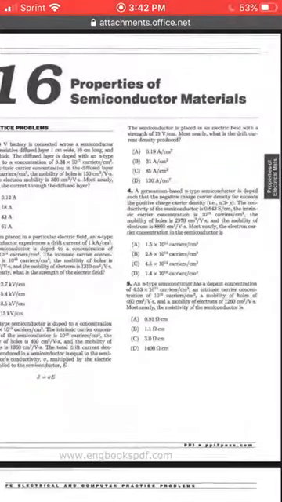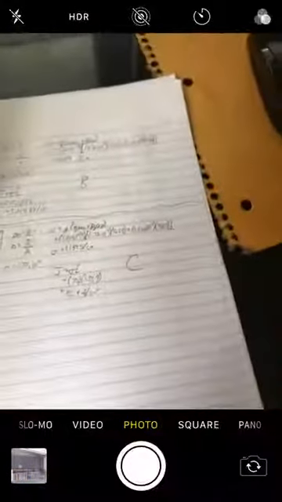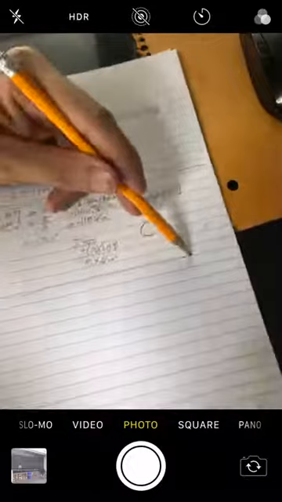The electron mobility is 8,860. Most nearly, the electron carrier concentration in the semiconductor is. So now we need to find out what N is. It's almost like reverse engineering everything we've done so far.